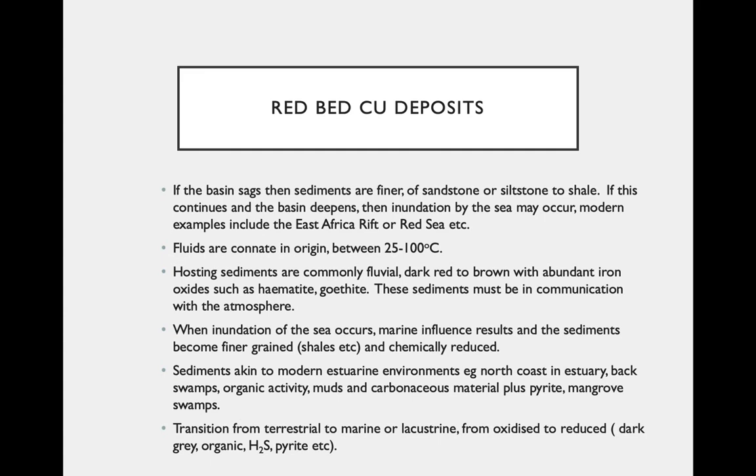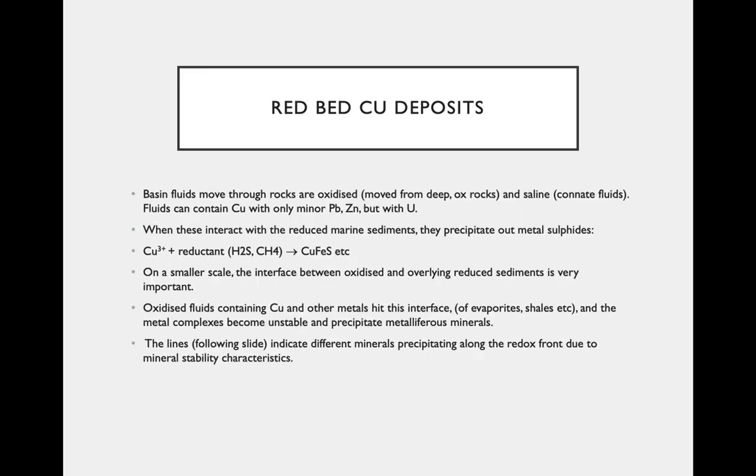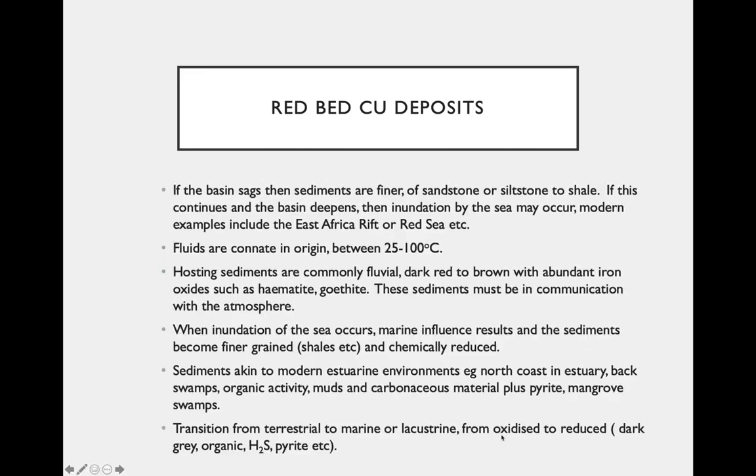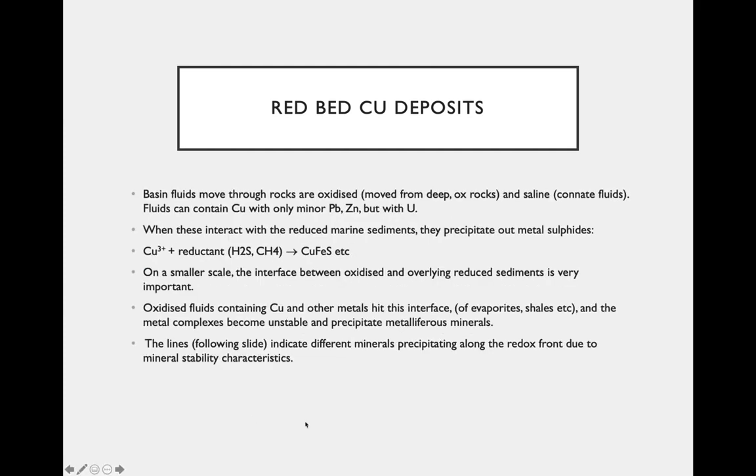So these kinds of sediments become akin to estuarine environments, swamps where we have organic material. And we transition from oxidized to reduced. So there's this key change in the sedimentary environment, and this contributes to how these fluids then interact.